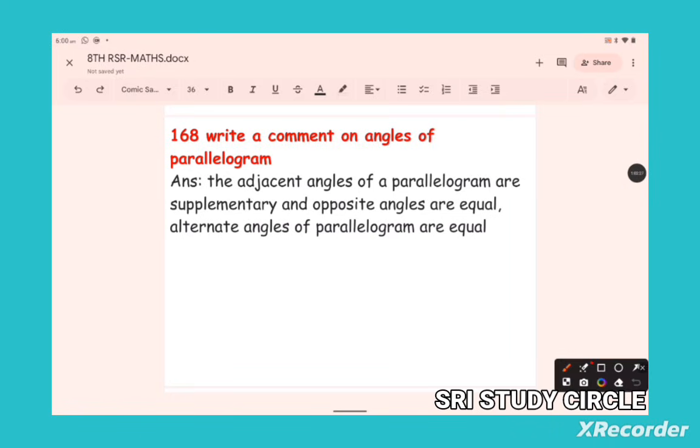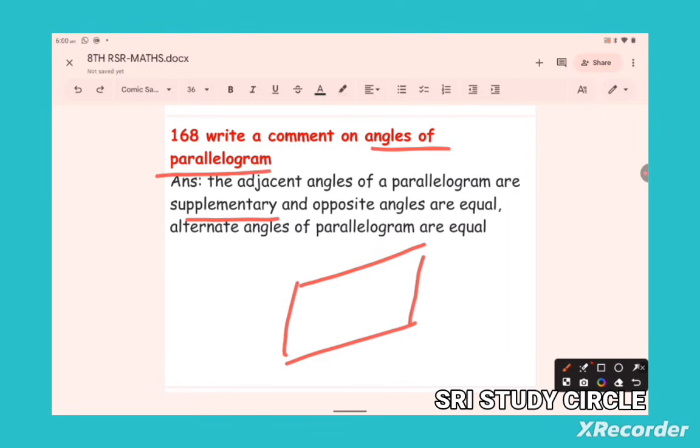Write a comment on the angles of a parallelogram. Suppose ABCD is a parallelogram.